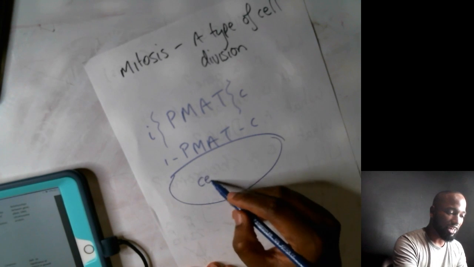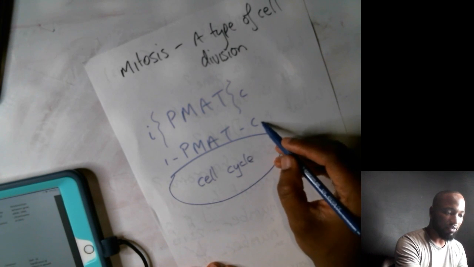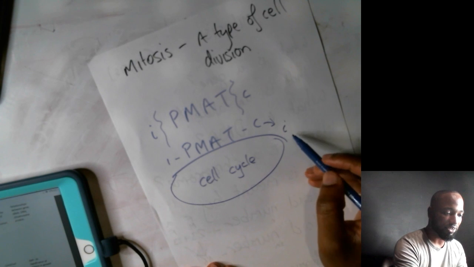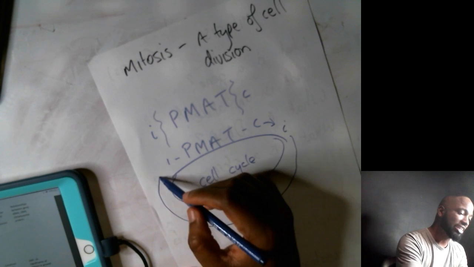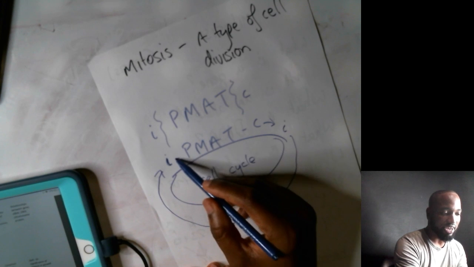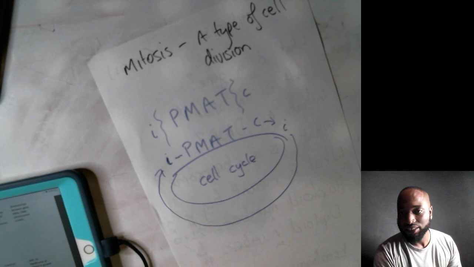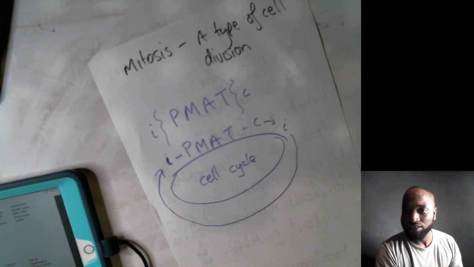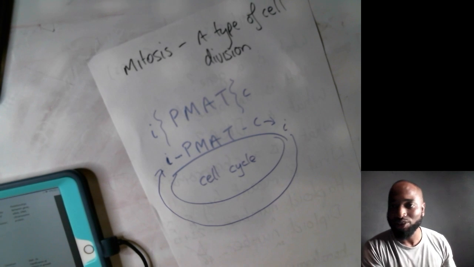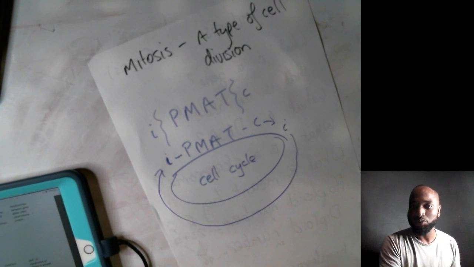So this is really the cell cycle here. After C, you're going back into I again, and I lasts the longest time. I is the interphase, and then you're going to start your division if it's time to divide. Interphase is the stage between the divisions.